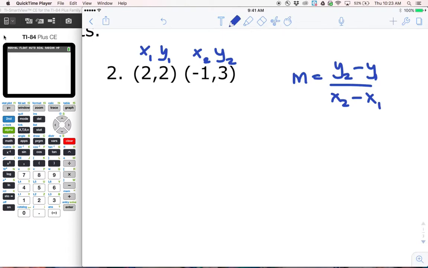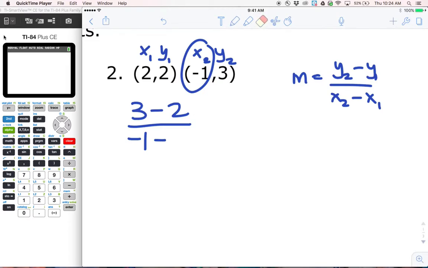So y2 is 3 minus y1, which is 2, all divided by x2, which is negative 1, minus x1, which is positive 2.